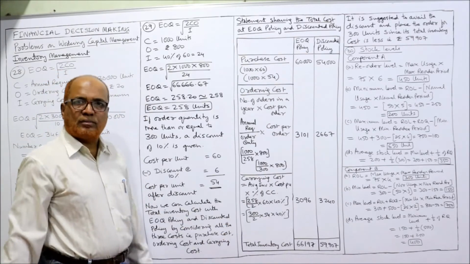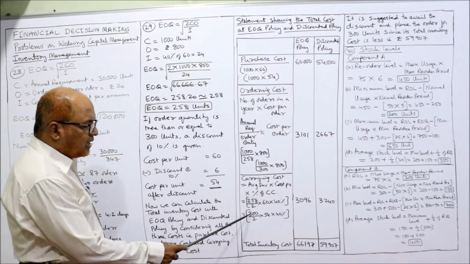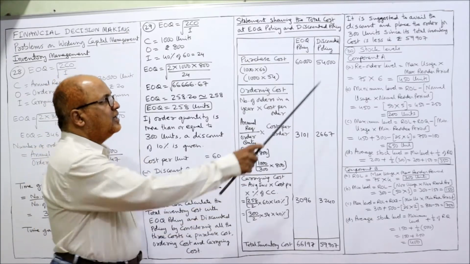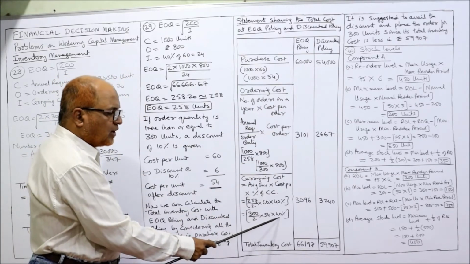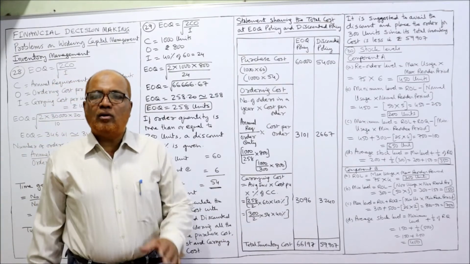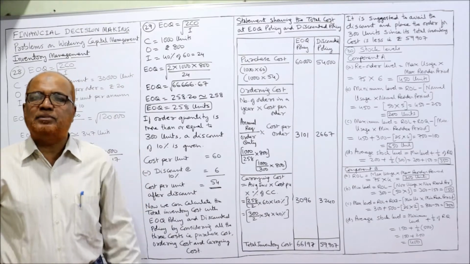Now with the discount, what is the ordering quantity? 300. So 300 by 2 into 54. Cost per unit is 54 in discounted policy. Into 40%. You will get 3240. That's all. We got the total of purchase cost, ordering cost and carrying cost. Add up the three.